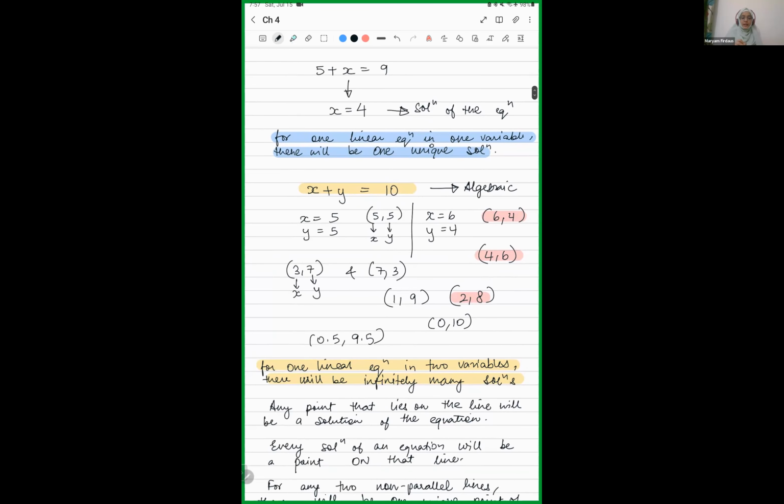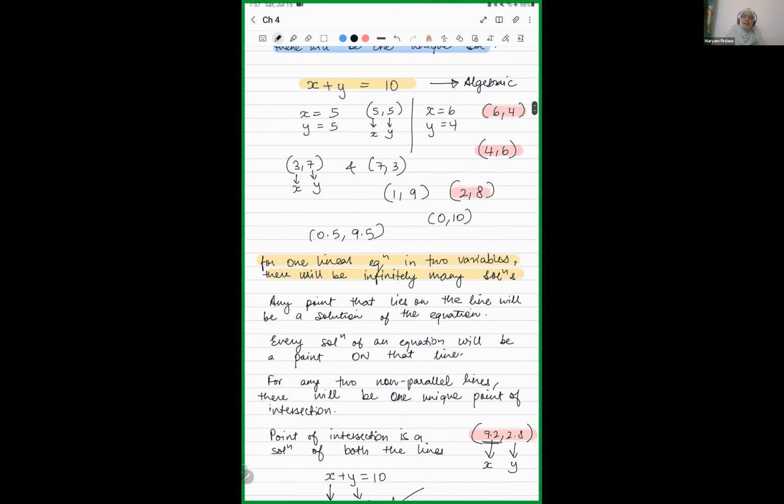We saw that an equation like this, 5 plus x equals 9, is a linear equation in one variable. How many solutions does it have? It has only one solution, which is x equals 4, because 9 minus 5 is 4. So you have just one solution. X is equal to 4 is one solution, right?